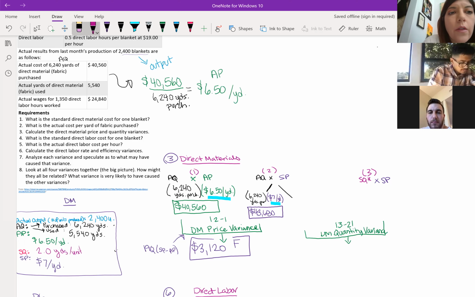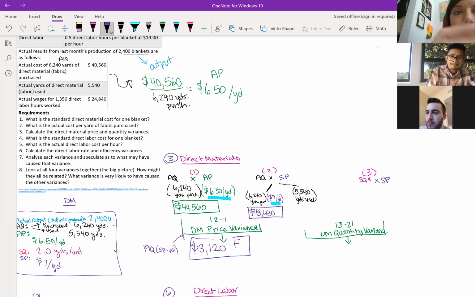For the middle portion, number 2, you have to do 2 calculations when you have a different quantity purchased than used, right? So for our actual quantity, now we're going to plug in what we actually used, 5,540 yards were used. And we should have paid $7 per yard.